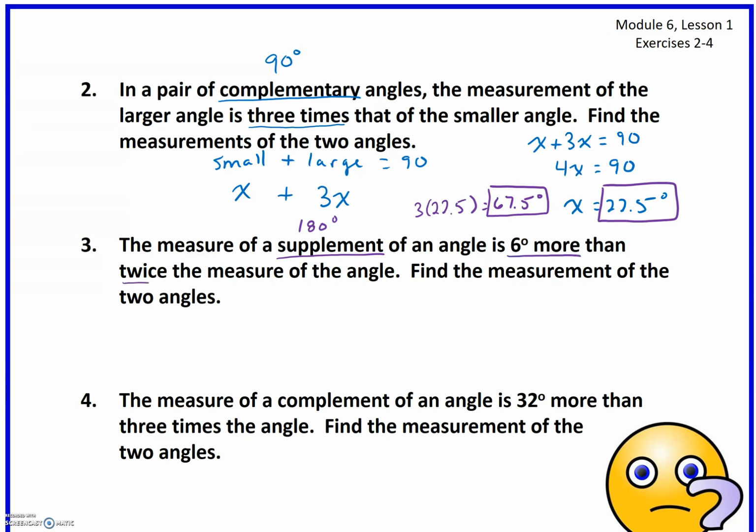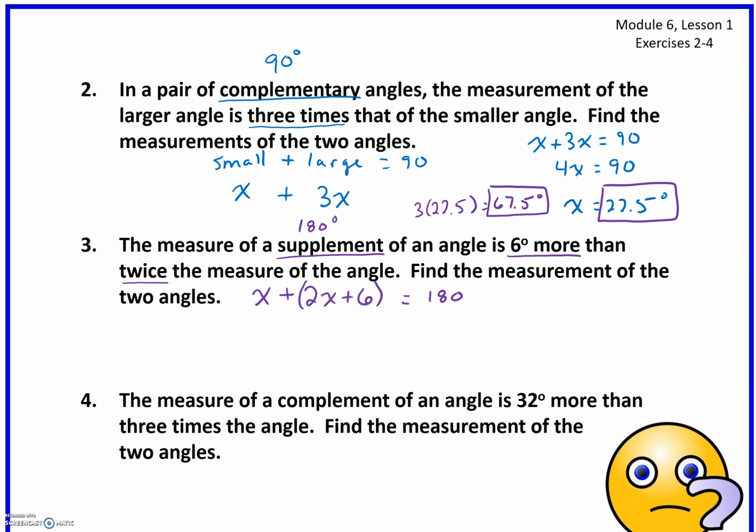Well, if angle 1 is x, we know we have to add something else to equal 180. 6 more than twice x. Well, twice x is 2x. And the 6 more would be plus 6.